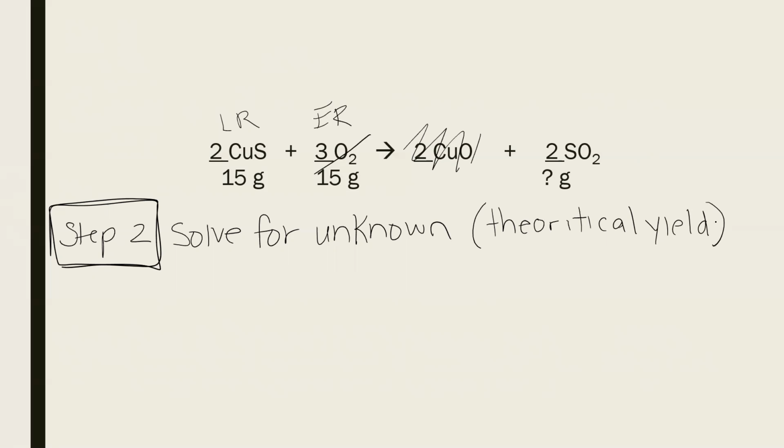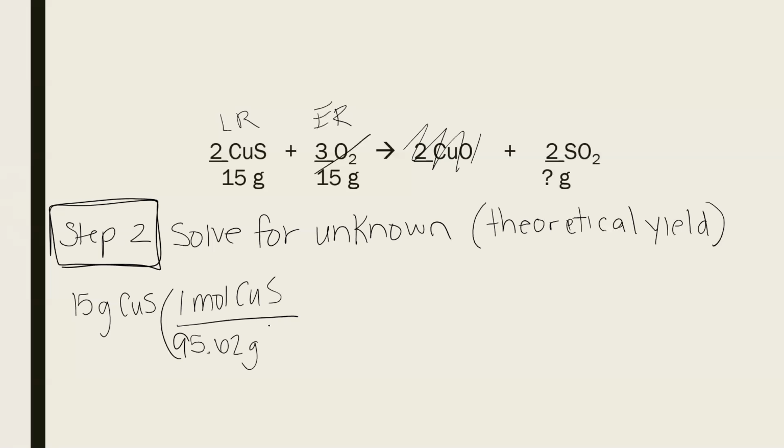Oh, I did. There's an E here. Theoretical. All right. Okay, so I'm going to look at my limiting. Start with that. Remember, you already have these numbers. No matter which way you do it, you already have the number. So don't resolve for molar mass when you already have it from the problem before.